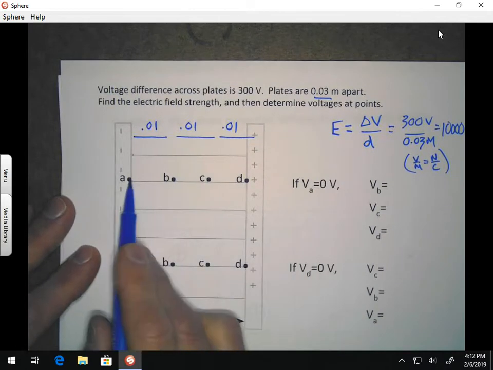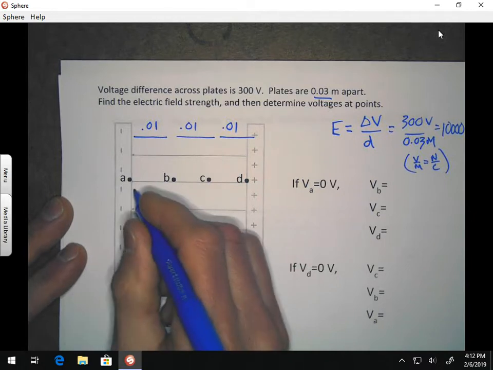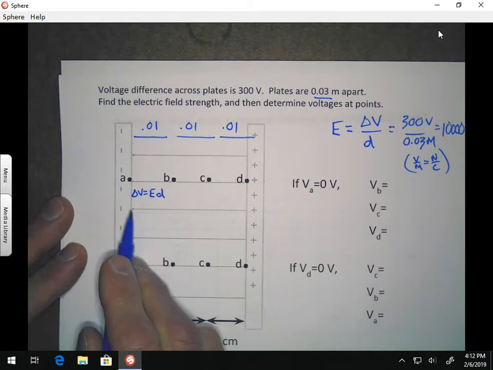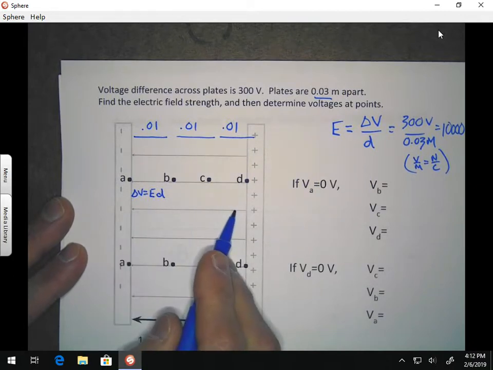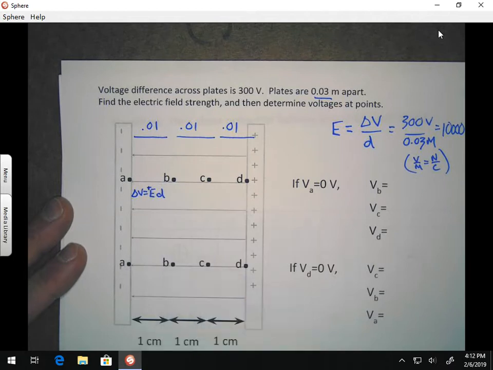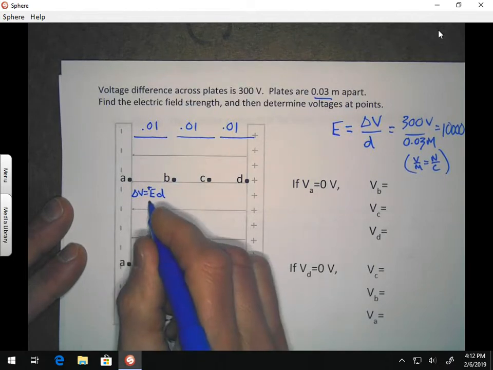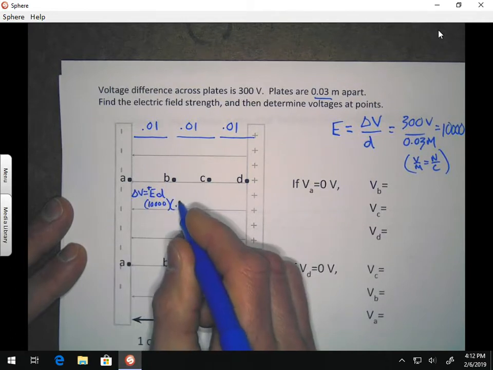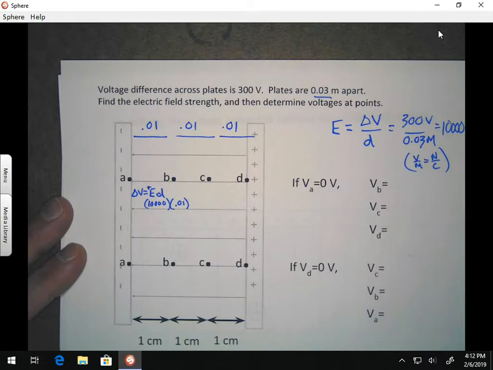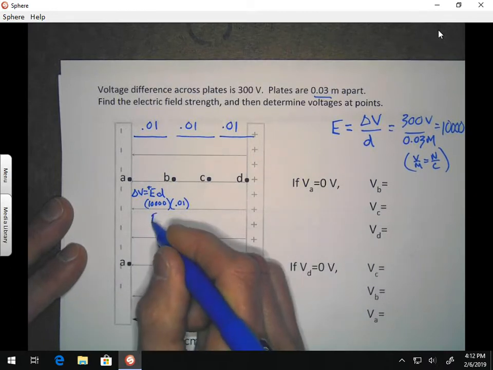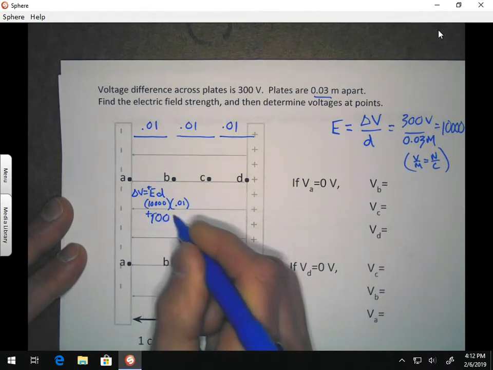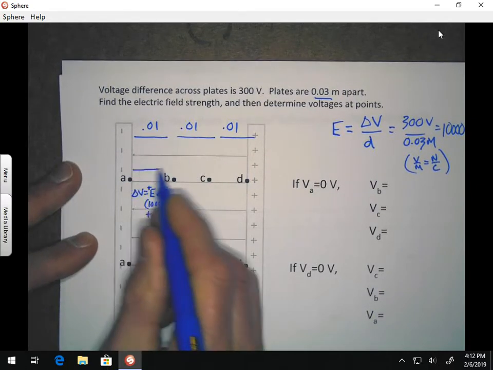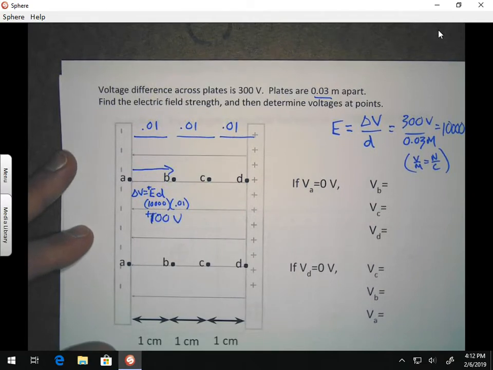So if I go from A to B, my difference in voltage should be equal to E times D, and it should be increasing because I'm going against the field. And so it would increase by 10,000 times a distance of 0.01, and that means it's going to increase by plus 100 volts. So going from A to B will cause the voltage to increase by that much.